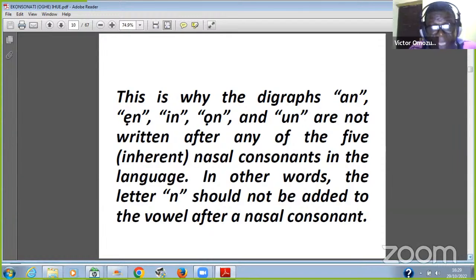In other words, the letter N should not be added to the vowel after a nasal consonant. These are basic rules that you don't find in any of the books.